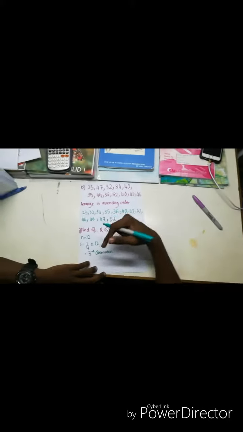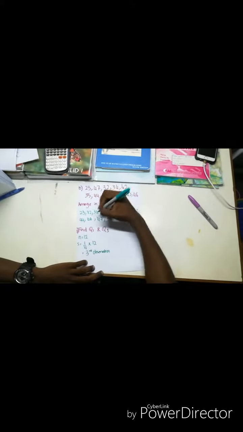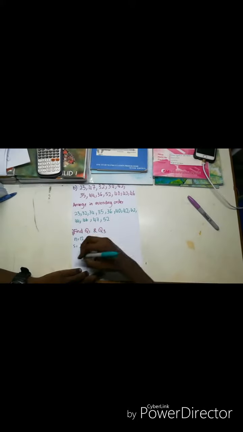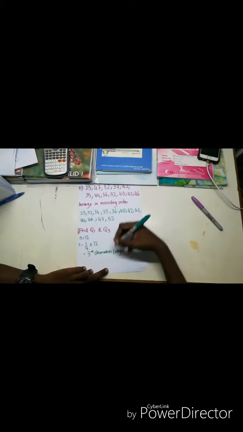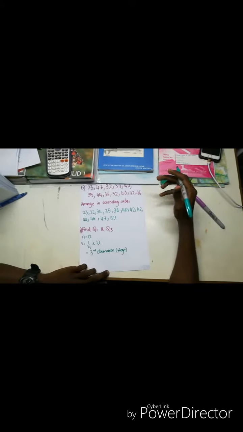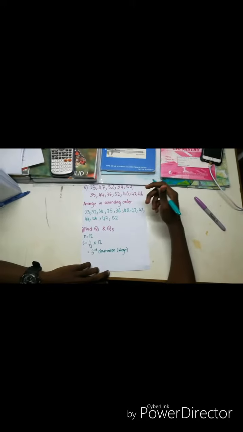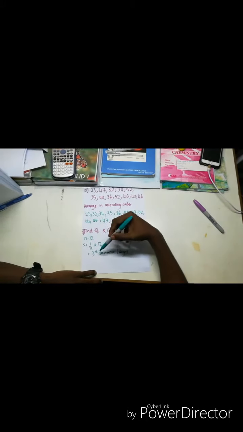Remember, this is not the answer. When you get an integer number, don't directly take the third observation as your answer. When you get an integer number, you have to add the next number and divide by 2. In this case, we get the third observation, right?